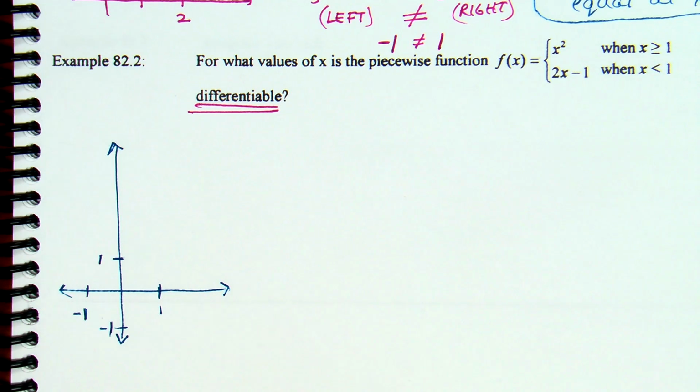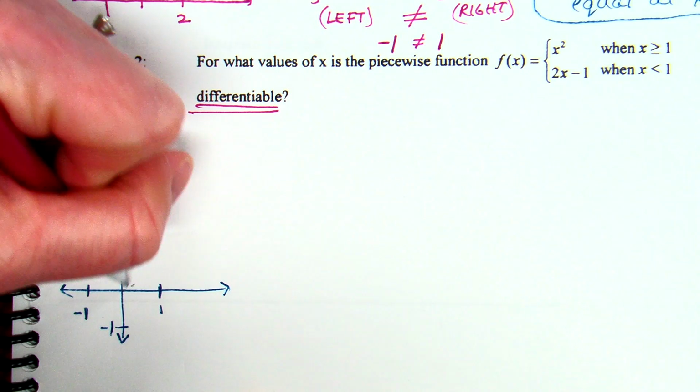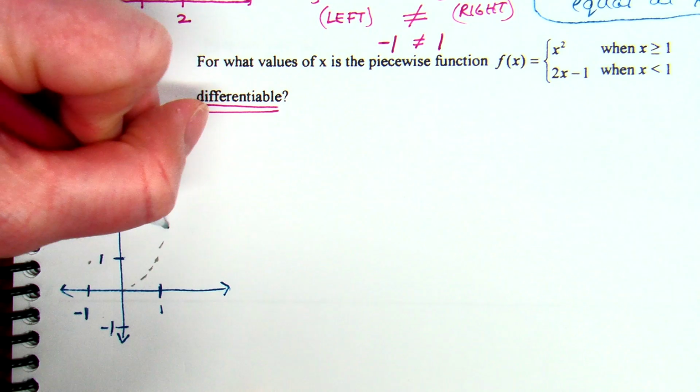Okay, so if I pencil it in, what is y equals x squared? We said that's the parabola. It's going to go through what? 0, 0, and 1, 1, yes?